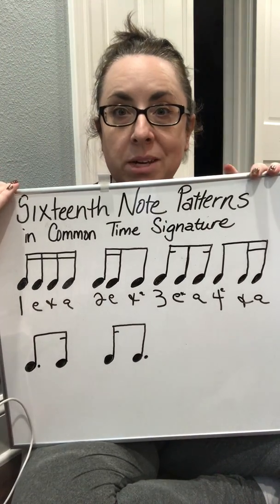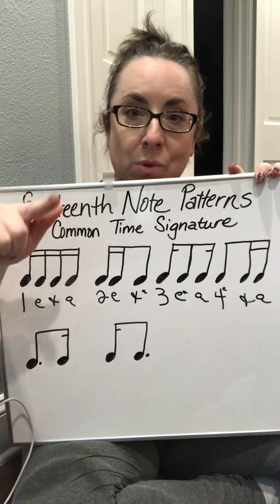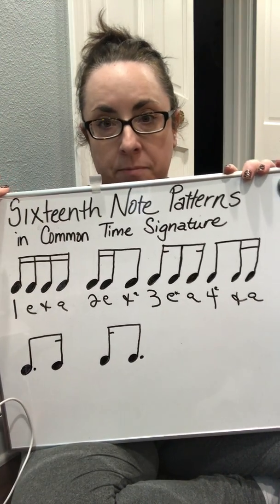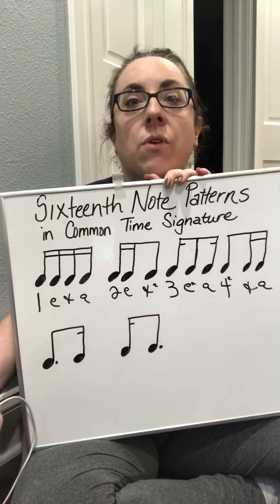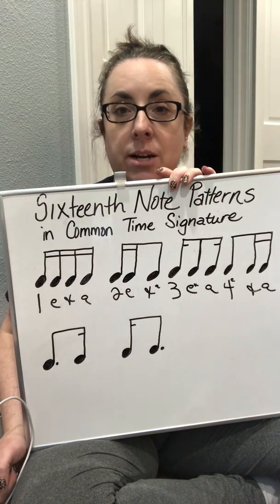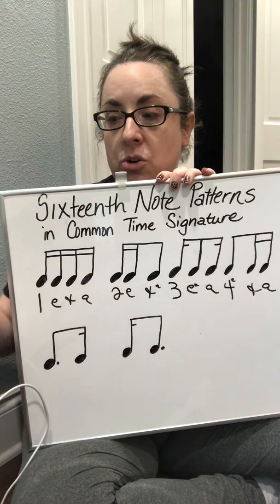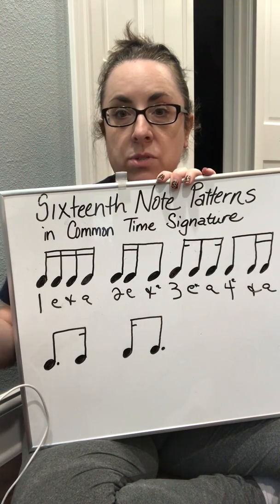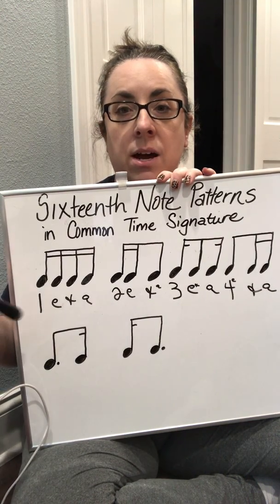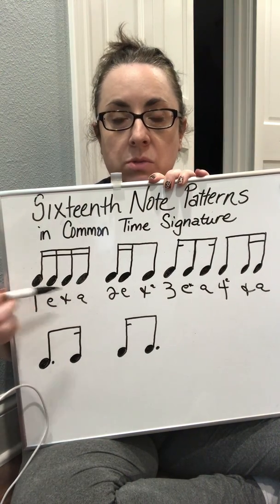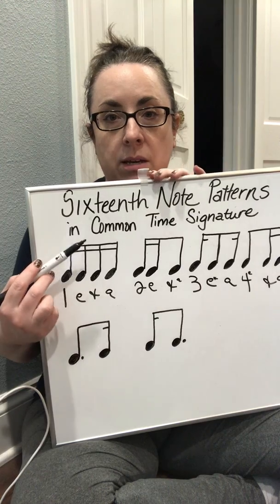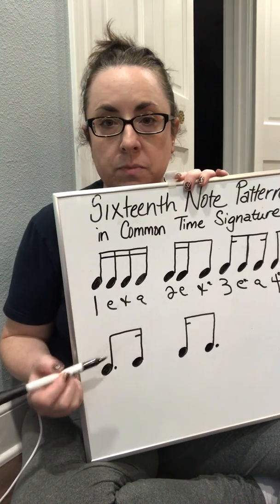If you're struggling a little bit, you can always pause, rewind, and try to get it again. Down here are our dotted notes. So far, I've uploaded a lesson on a dotted half note, dotted quarter note, and now a dotted eighth note. We know there are 4 16th notes in one beat in common time signature.